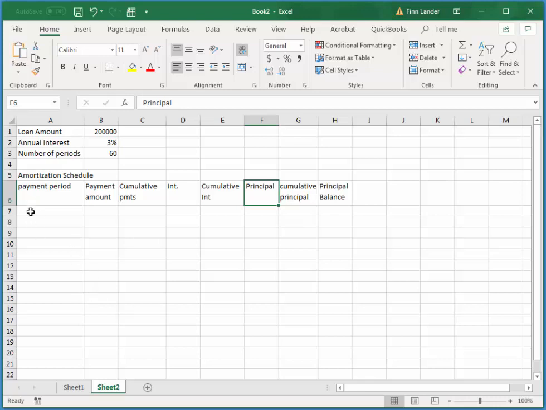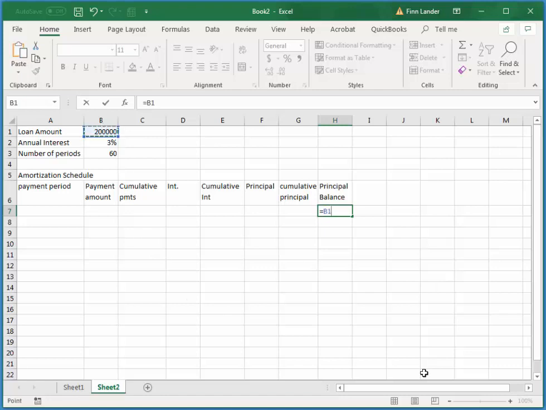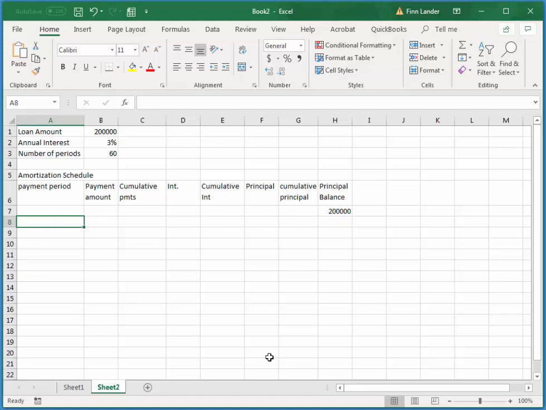All right, so I need to skip a line because I want to have the principal balance here. So that should equal that. And then I'm going to have the number of periods. So again, I'm going to pay this thing off within 5 years, so that's 60 periods.